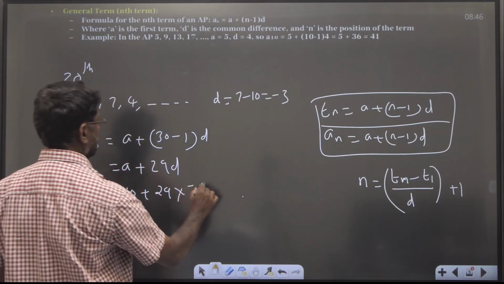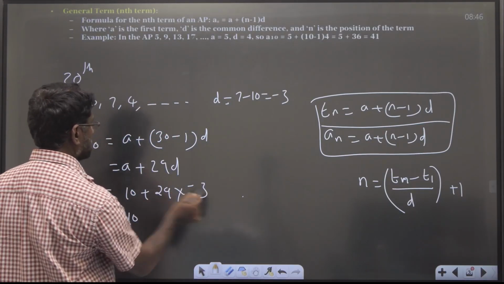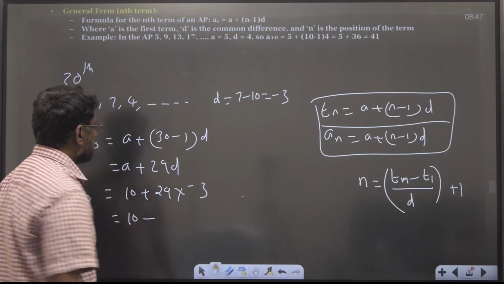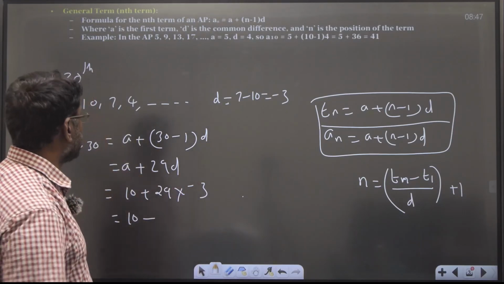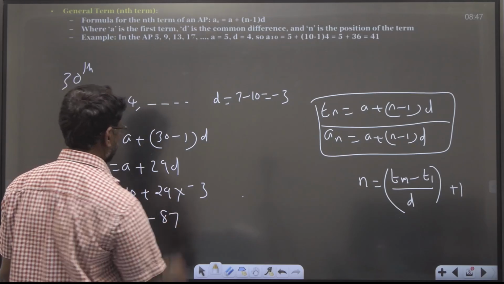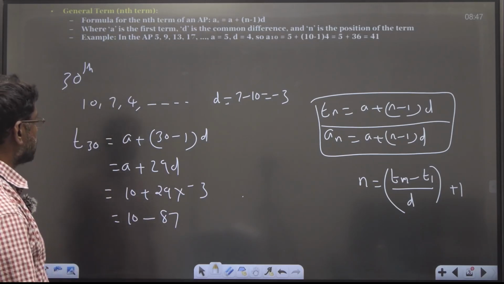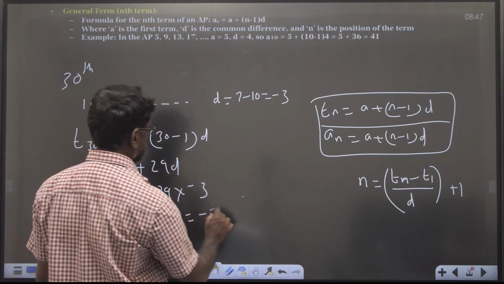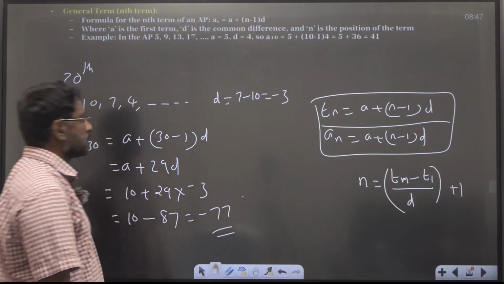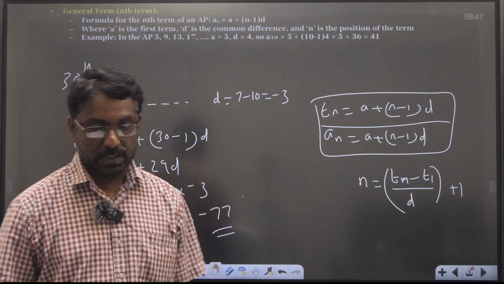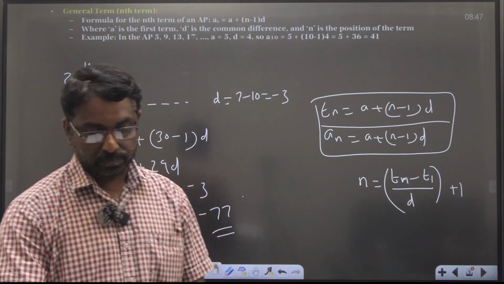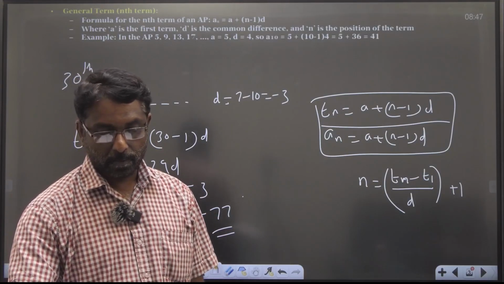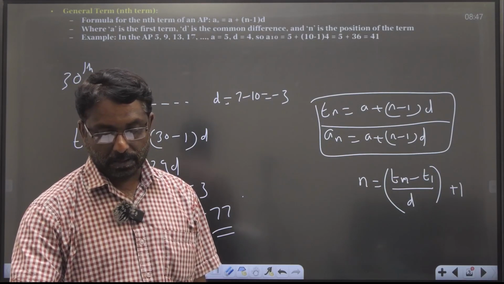So 10 plus 29 into minus 3, that is 10 minus 87. 29 into minus 3 is minus 87. That is equal to minus 77 is the answer. Okay. Then another question.